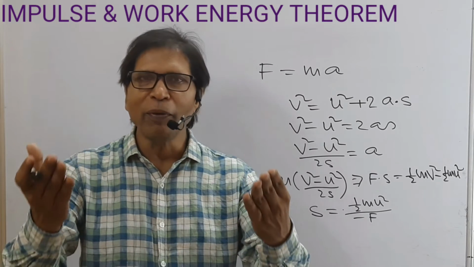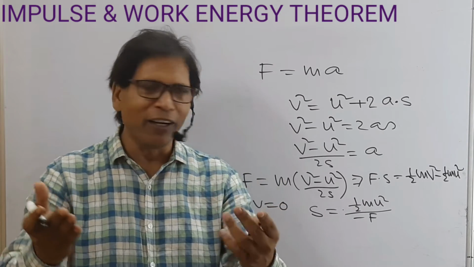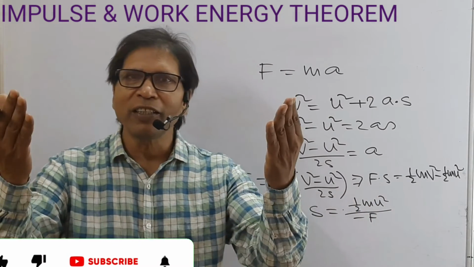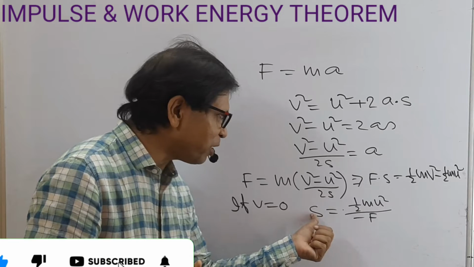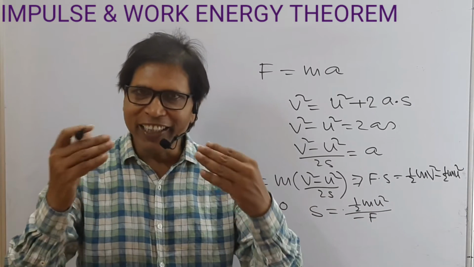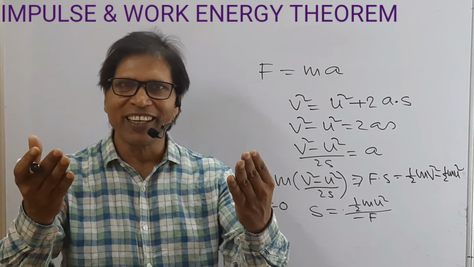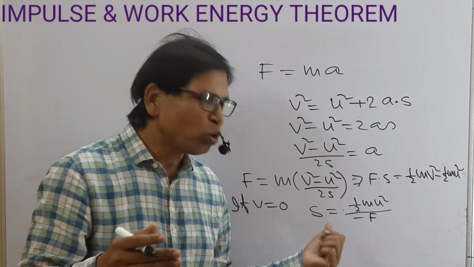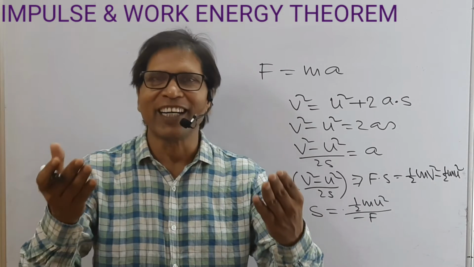If the initial velocity of the body is doubled, then the initial kinetic energy becomes 4 times, so the stopping distance becomes 4 times. When the initial velocity becomes 3 times, the kinetic energy becomes 9 times, so the stopping distance becomes 9 times.